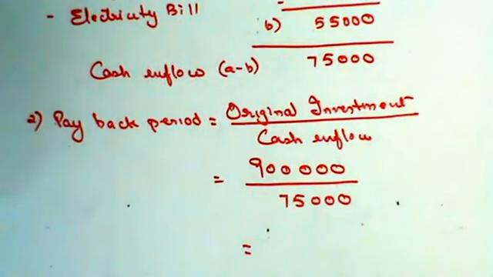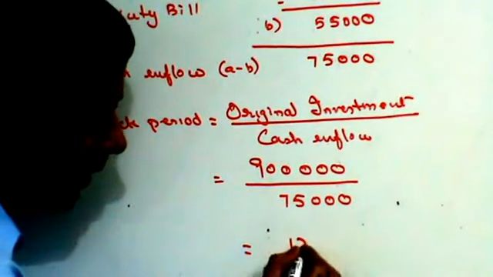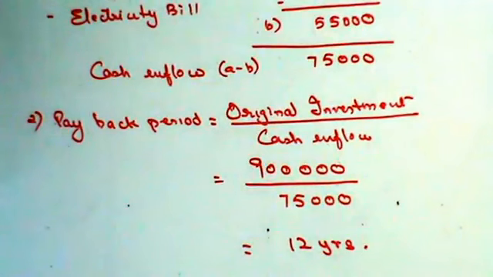So it should take me approximately 12 years. 9 lakhs divided by 75,000 is 12 years. That means to recover the cost of this machinery, it will take me 12 years. If I am a true businessman, I would never buy this machinery because the payback period is very high. That is how you take a decision whether a particular machinery is to be purchased or not.